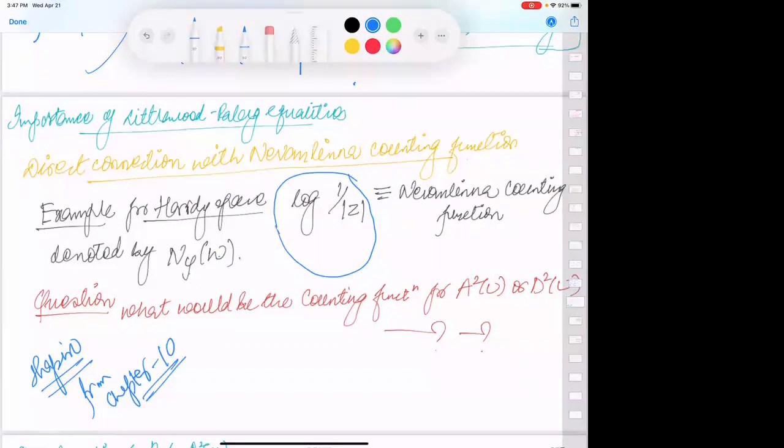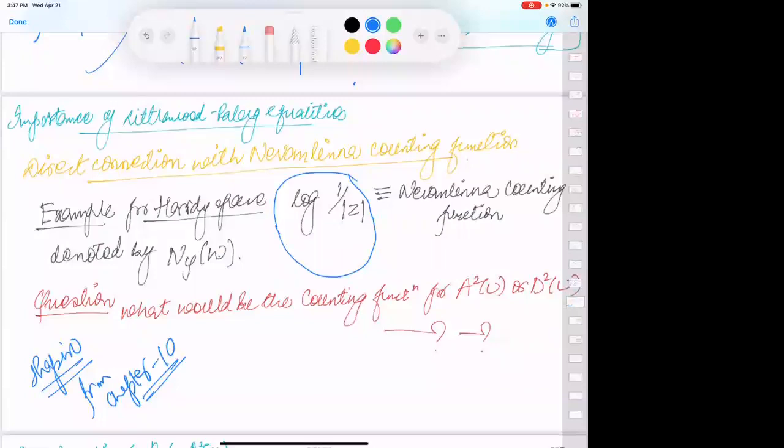But now, once we have the Littlewood-Paley equality for the Bergman space, or maybe for the Dirichlet space, the question comes up: is it possible to have the Nevanlinna counting function for the Bergman space or for the Dirichlet space? I think the answer is yes, and this is why I'm here to have a discussion.